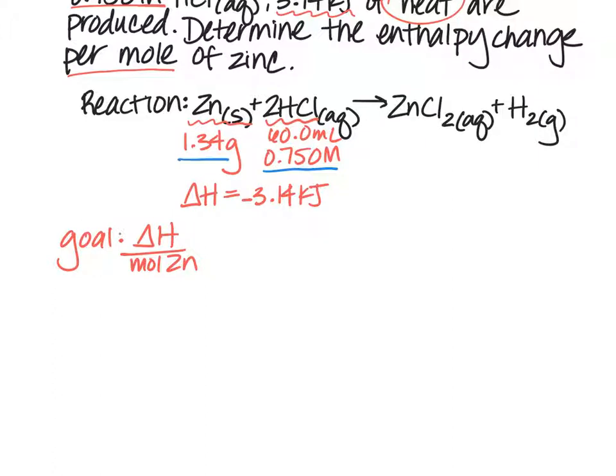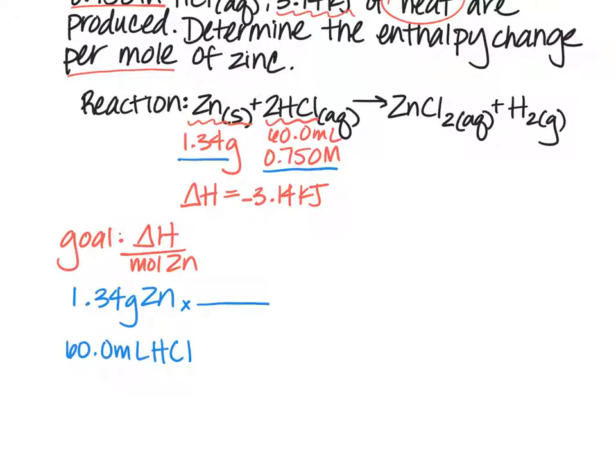And you need to do that for both the 1.34 grams of zinc and the 60 milliliters of HCl. On the exam, I'm actually only going to give you one reactant quantity, and from there you'll do the process of steps that I'm about to show you. So you won't have to deal with two different quantities, but I'm going to show you how to do both for the sake of this problem.